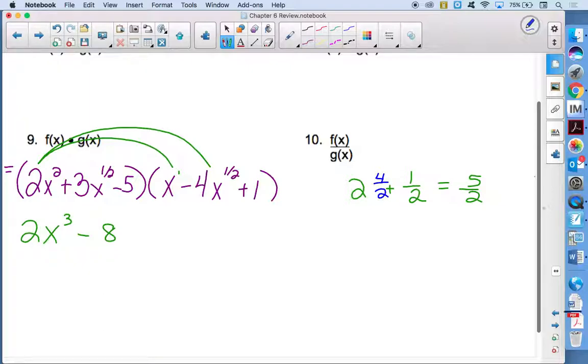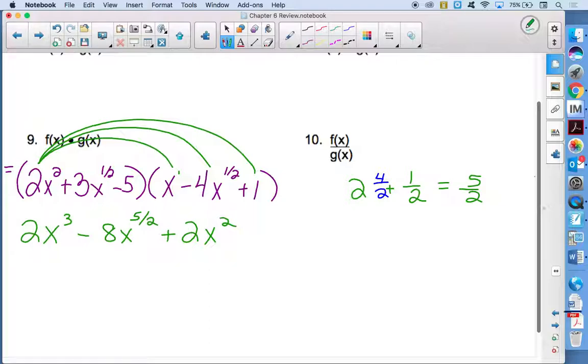So 4 over 2 plus 1/2 makes 5 halves. So this will be negative 8x to the 5 halves. So 2 plus a half is 2.5, but that's really 5 halves. And then the last term, that one's easy here, 2x squared times 1 is just 2x squared.